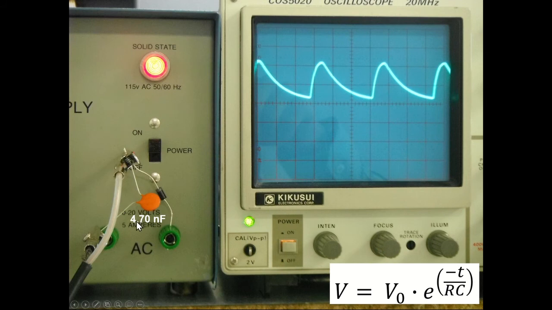Okay, now this is a 4.70 nanofarad capacitor, and I'm putting it in parallel. I'm not going to go into a lot of detail on this, but it takes time for the capacitor to charge up, and it takes time for the capacitor to discharge or to drain.